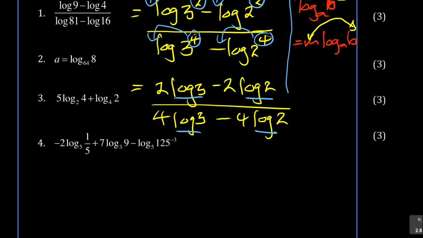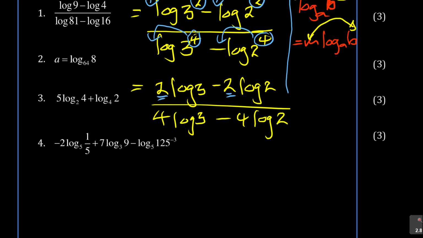But how do you cancel? Please don't be tempted to cancel like this. It will be wrong. That's suicidal, guys. Don't do that. That's a mathematical error and it's not allowed. Why? Because there is a negative sign in here. You can't just cancel out. You might get almost a correct answer, but you'll still be marked wrong.